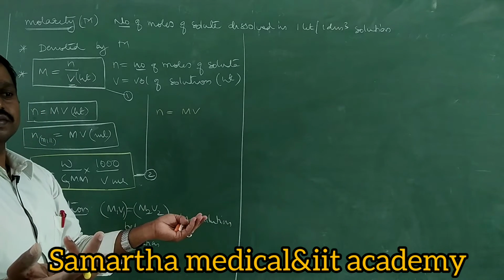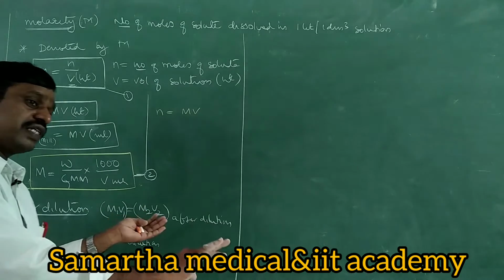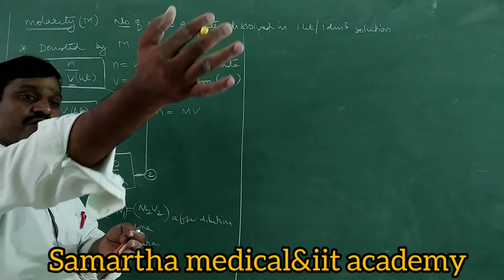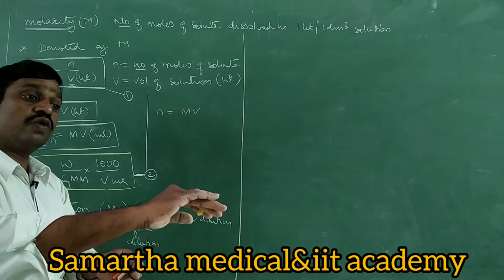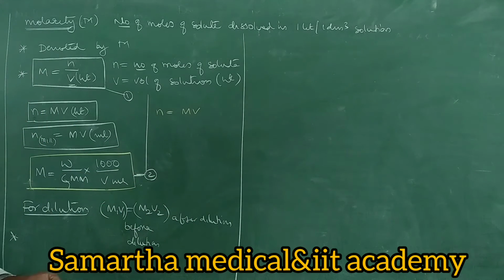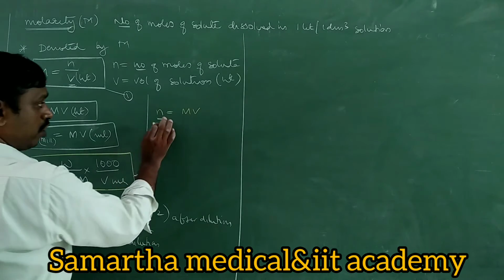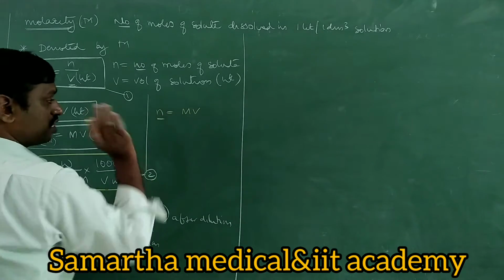No sir, not possible. So it is again the same 10 moles, but what changes? The total volume of the solution changes. The concentration and volume change, but the moles do not change.